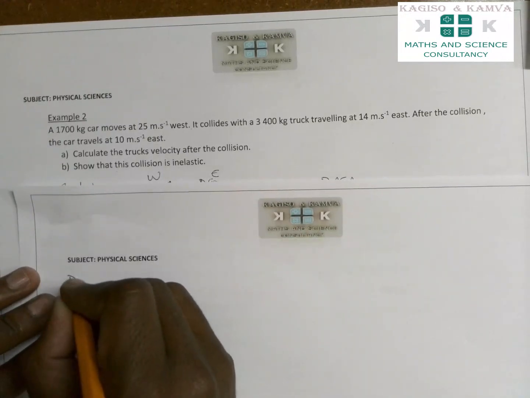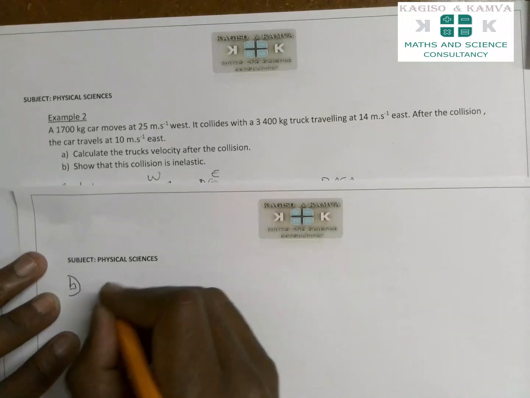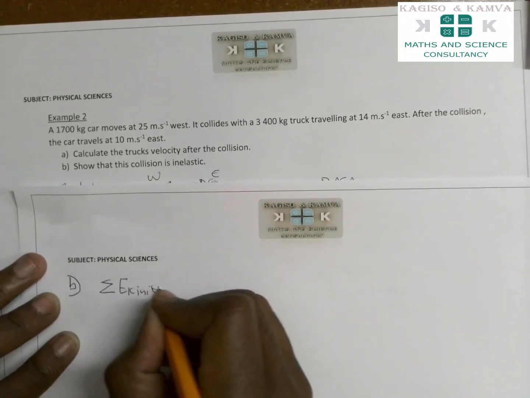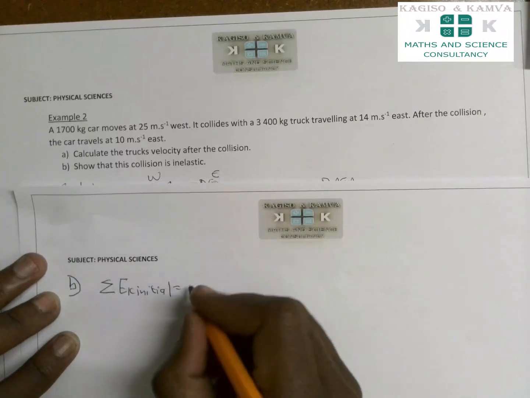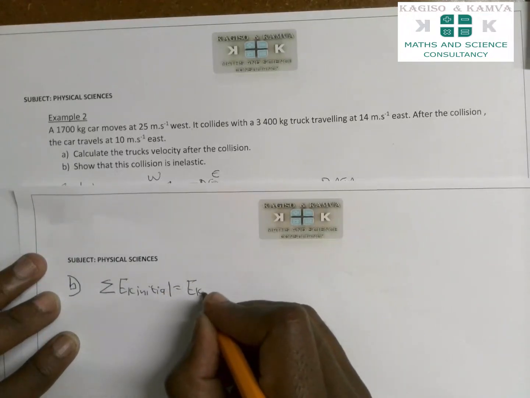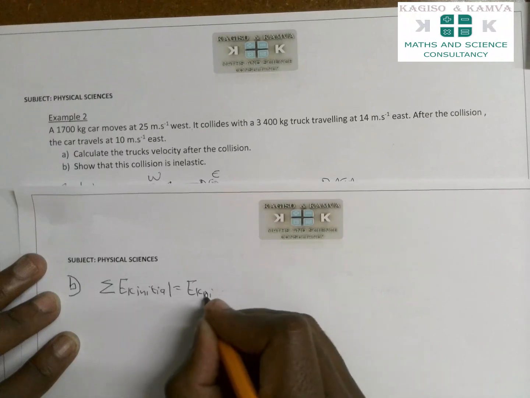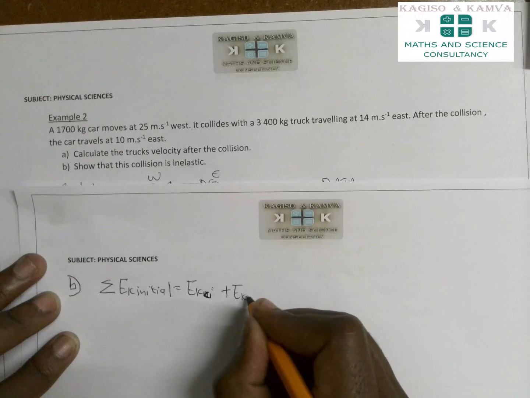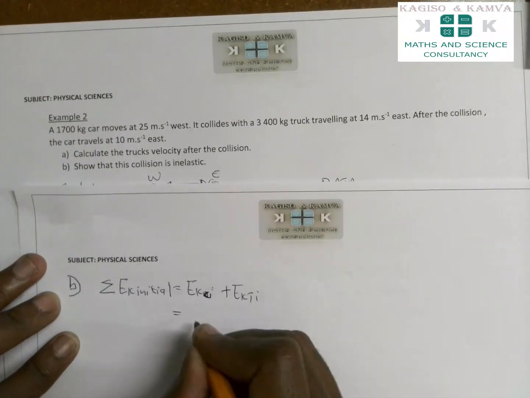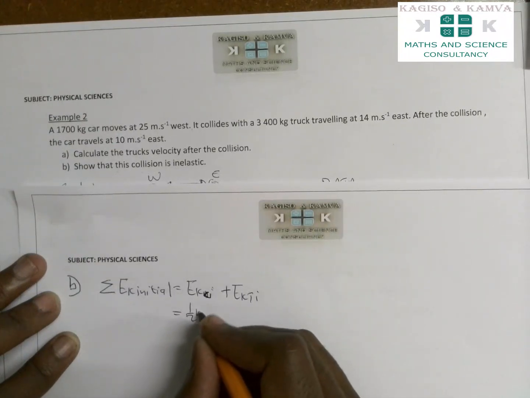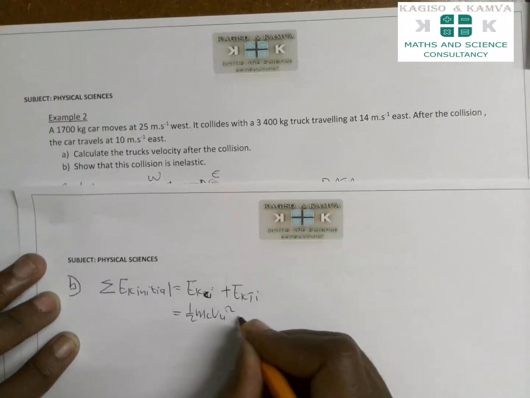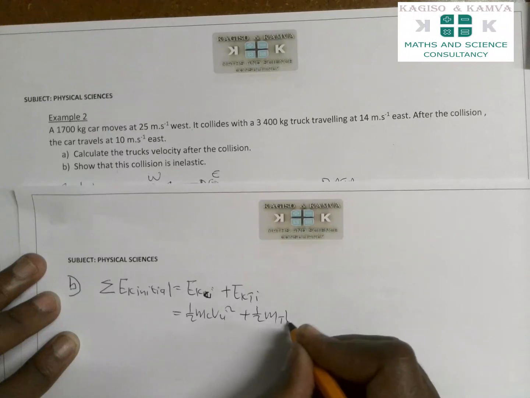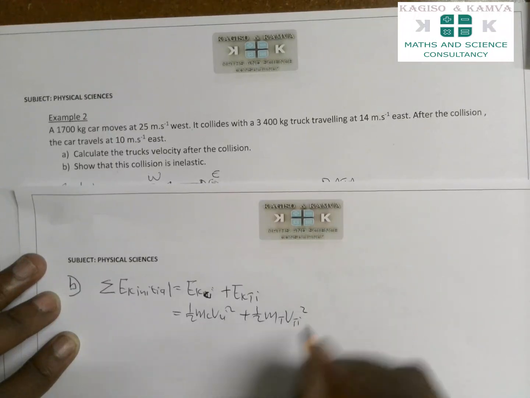For B, the sum of EK initial is equal to EK car initial plus EK truck initial. That will be half M car, velocity of the car initial squared, plus half M truck, velocity of the truck initial squared.